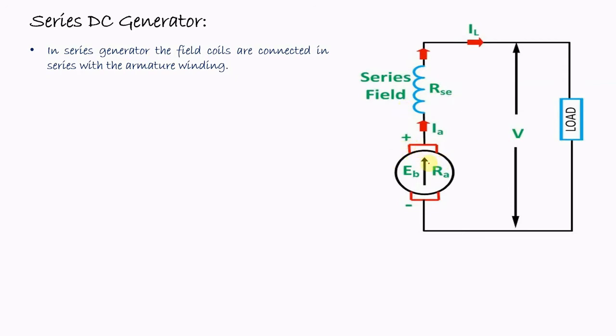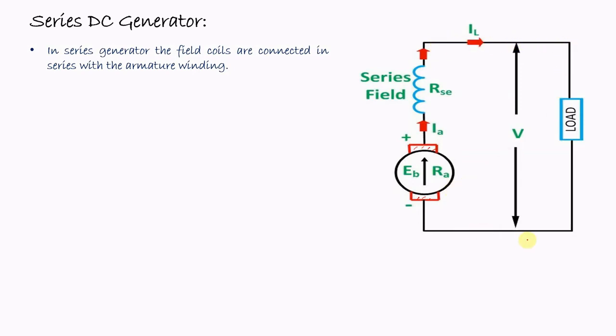Here in this figure we can see the armature, or the armature winding, also represented by this circle. This is the brush. There are two brushes shown here, the positive terminal and the negative terminal, and here is the field winding. So the field winding and the armature winding are connected in series here, and then the load is connected across this combination.